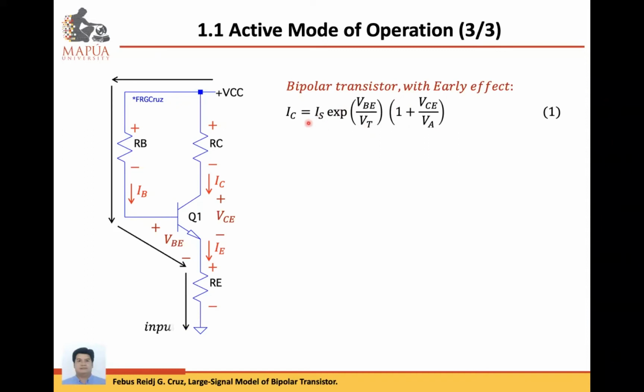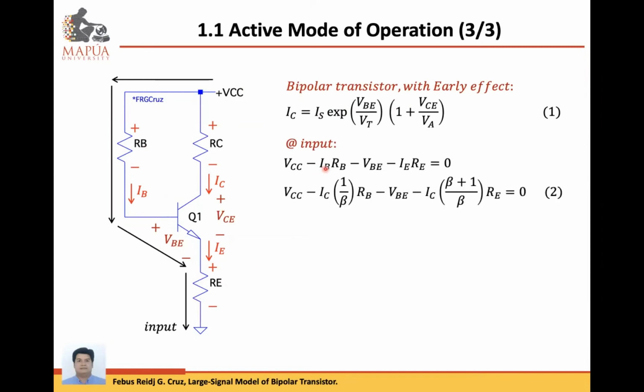So the first equation can be coming from the input voltage. So again, that would be VCC minus IBRB minus VBE and then minus IERE. Then we can express IB and IE in terms of collector current and current gain beta.